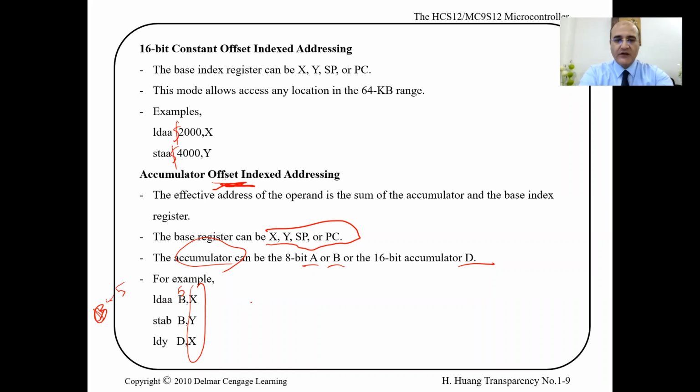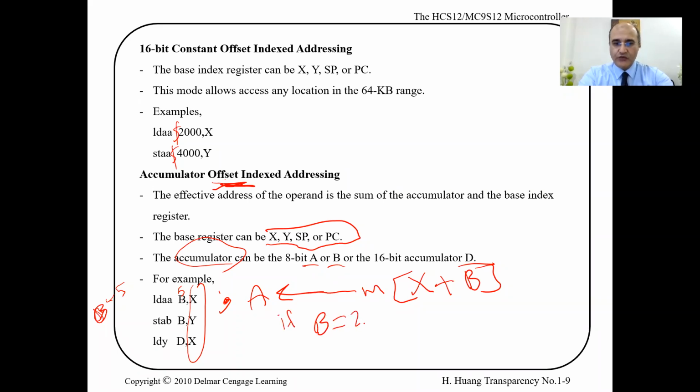Okay, same thing. So what will be loaded to accumulator A here? The contents of the memory location that is pointed to by X plus B. So if B was 2 and X was 1000, well, we just add them.